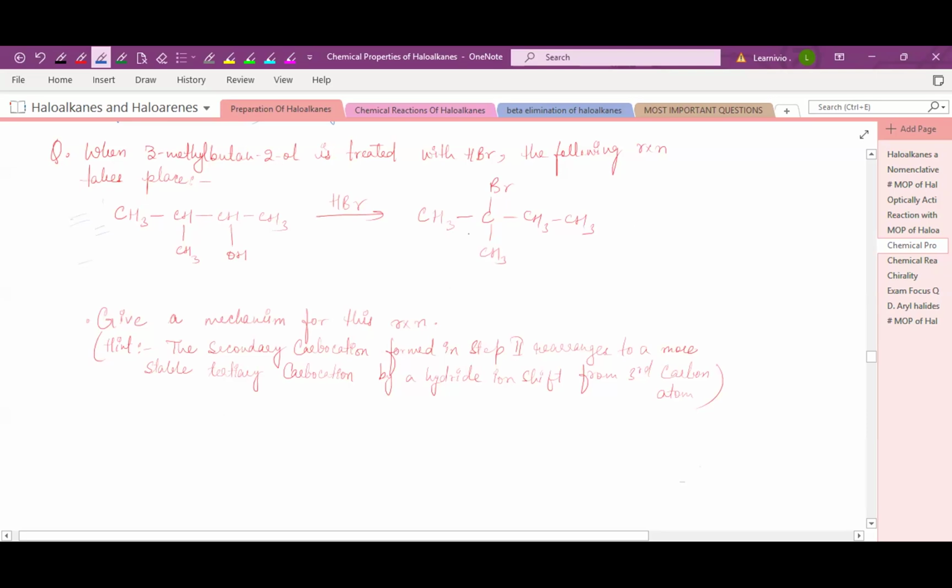You have to write down the mechanism for this reaction, and there is a hint given: the secondary carbocation formed in the second step rearranges to a more stable tertiary carbocation by a hydride ion shift from the third carbon atom. Yeah, this is quite an interesting question.